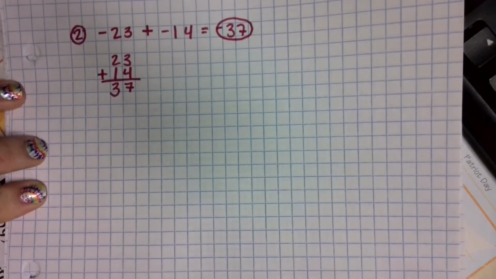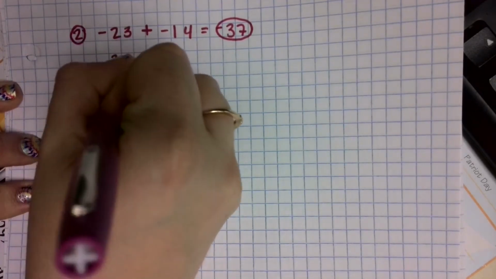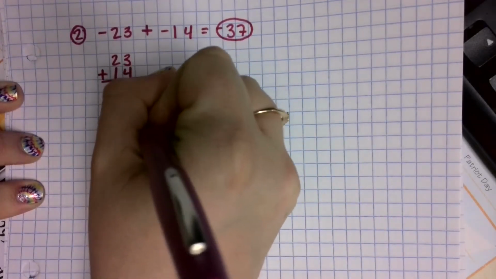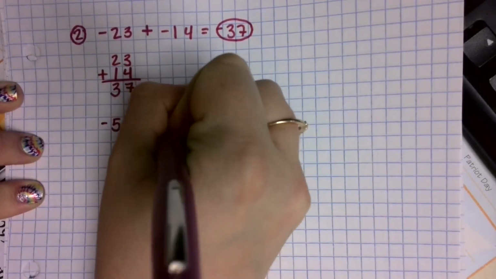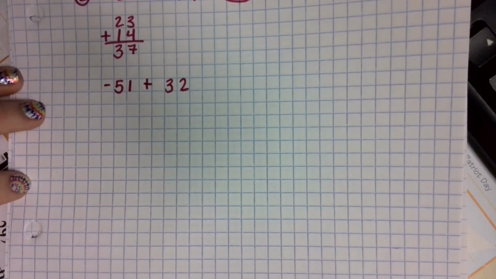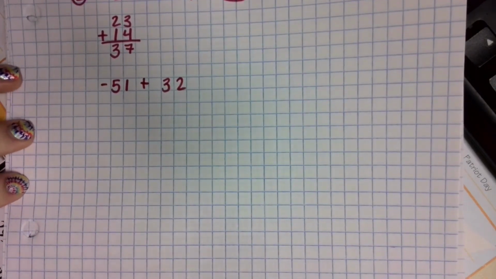So the second problem on number 2 is negative 51 plus 32. So I'm going to give you the rule again. When you're adding integers and the signs are different, you're going to subtract, keep the sign of the largest number.